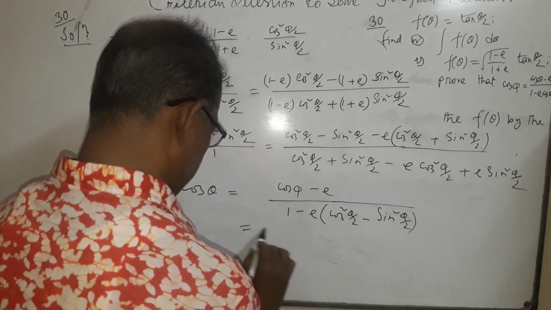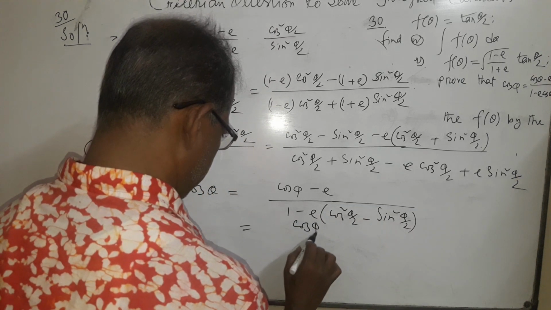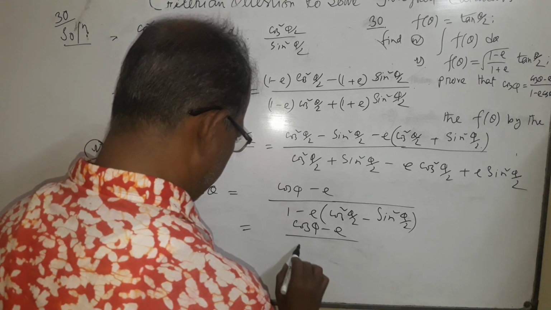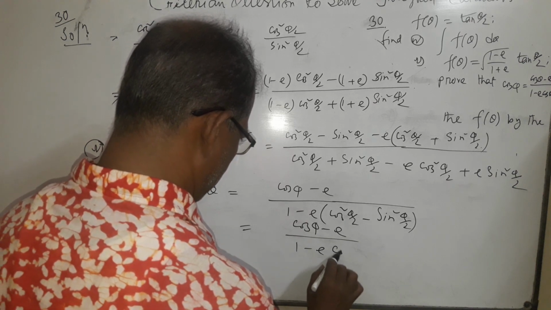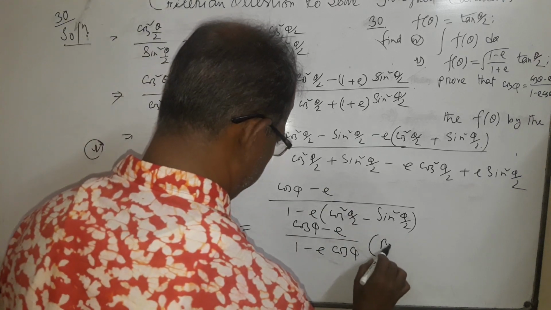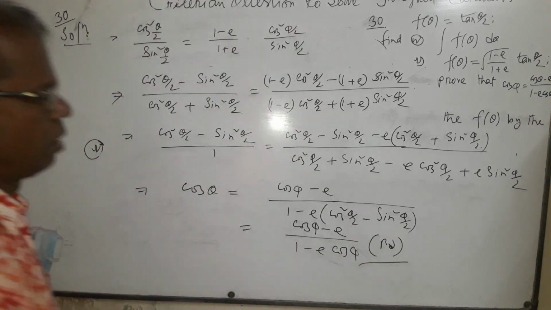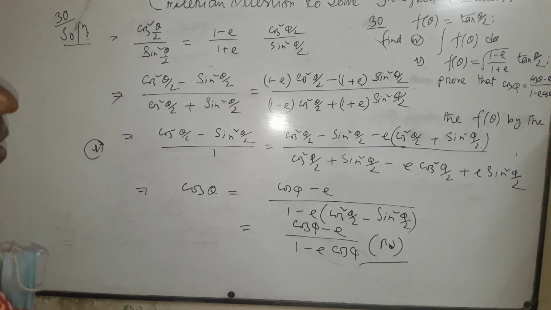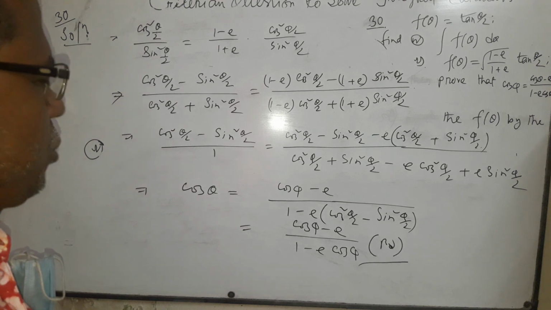That's why cos pi minus e divided by 1 minus e into cos phi. That's the root. So just for practice, solve this process.